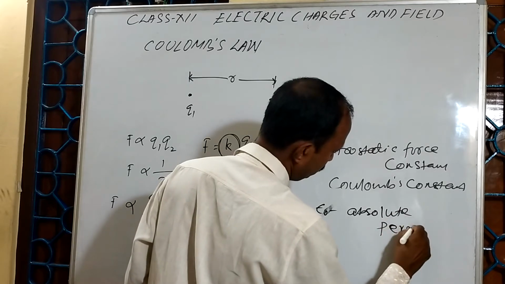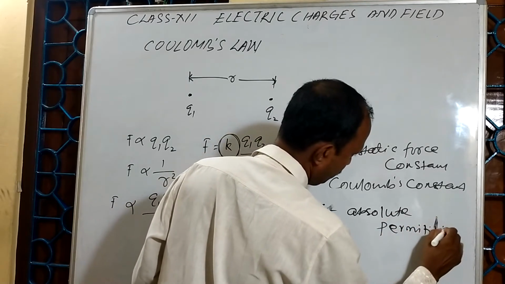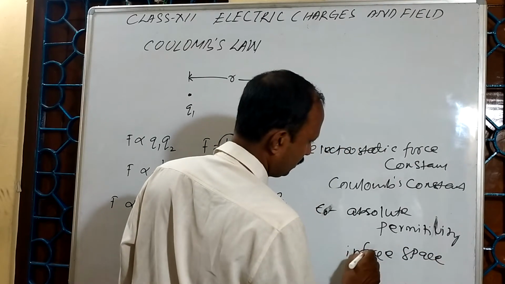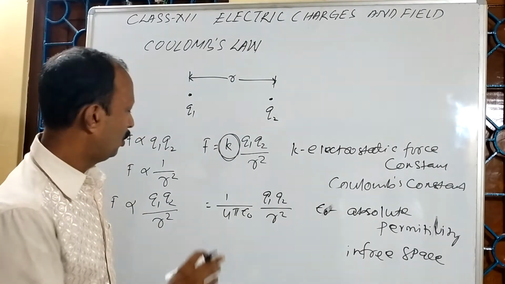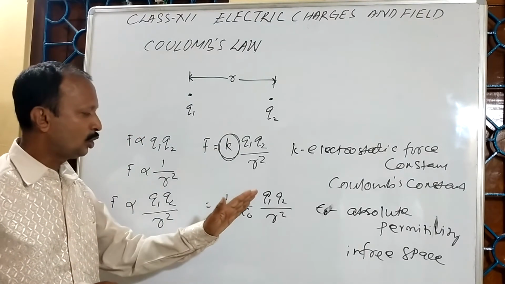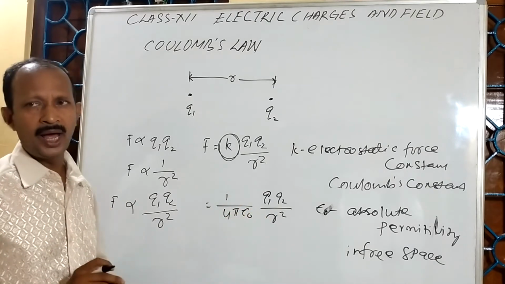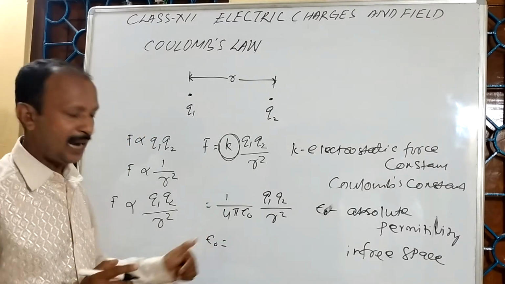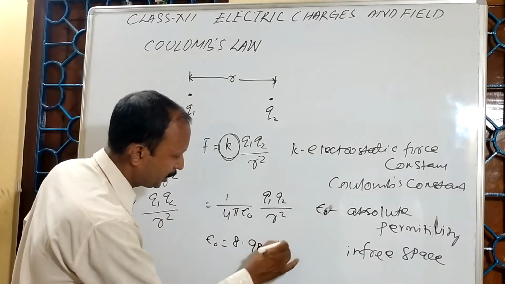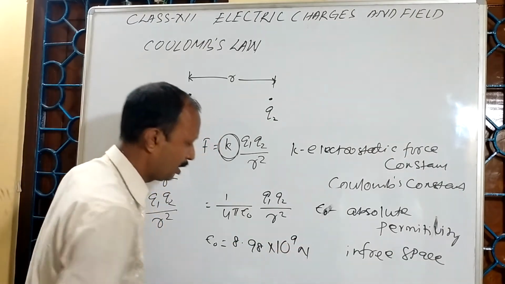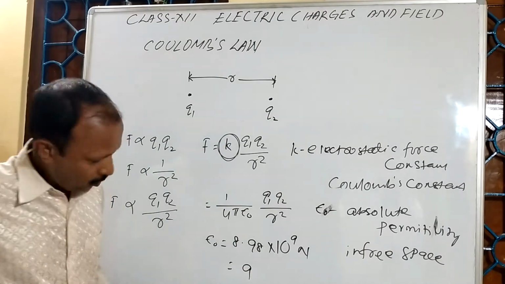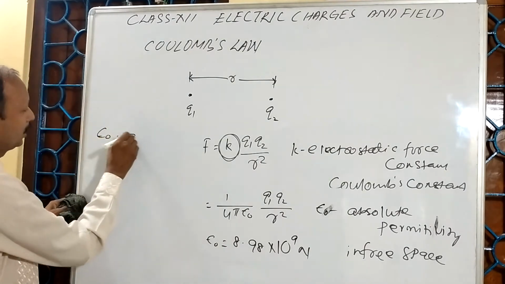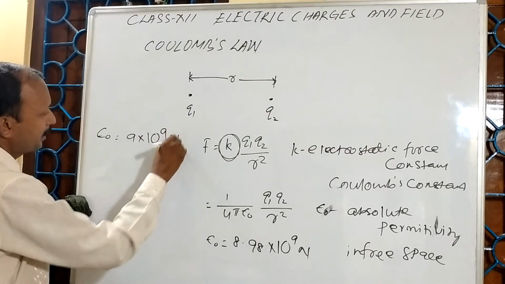The value of K is 8.9898 into 10 to the power 9, approximately 9 into 10 to the power 9 Newton meter square per Coulomb square.